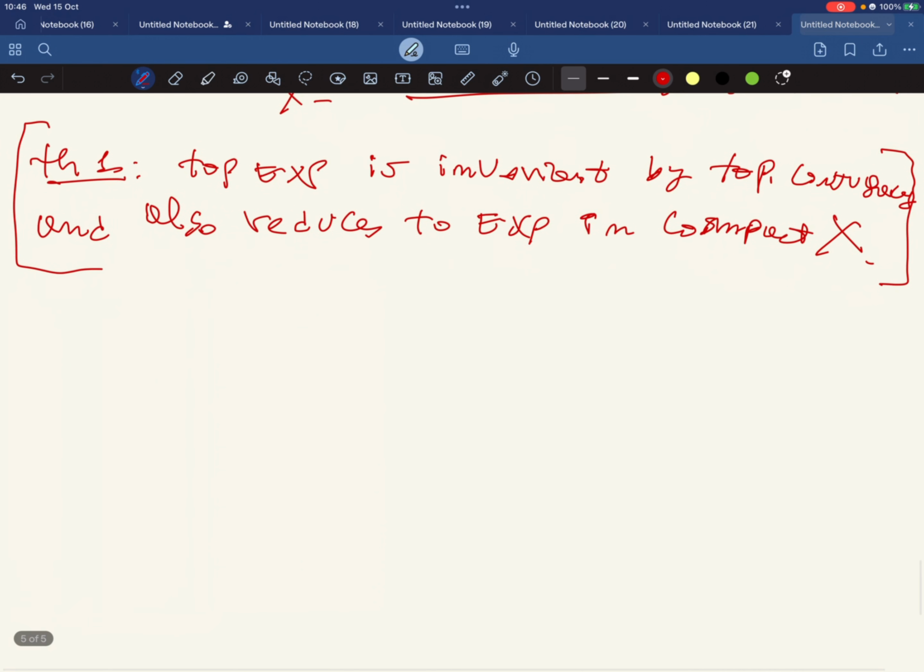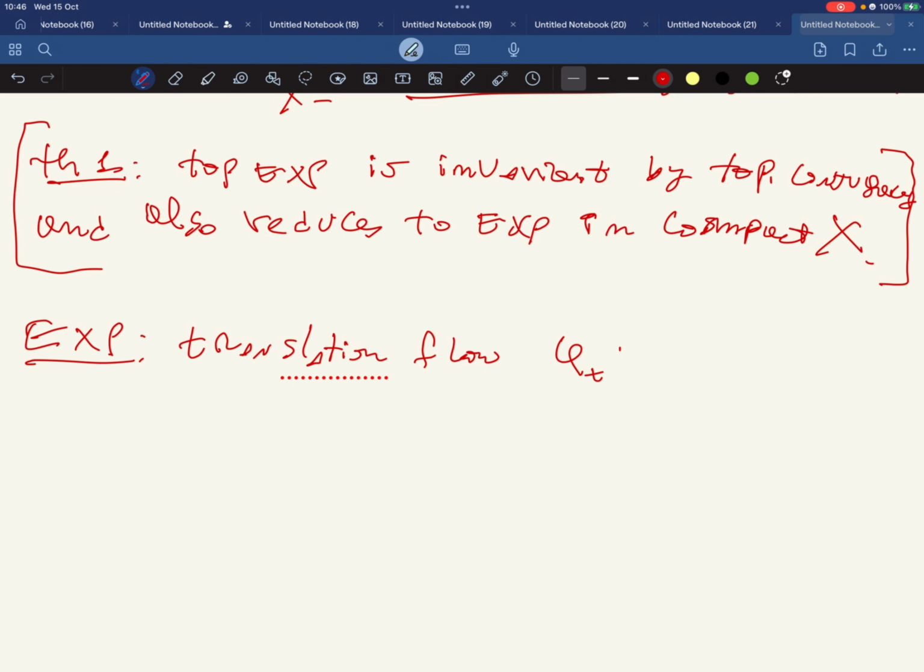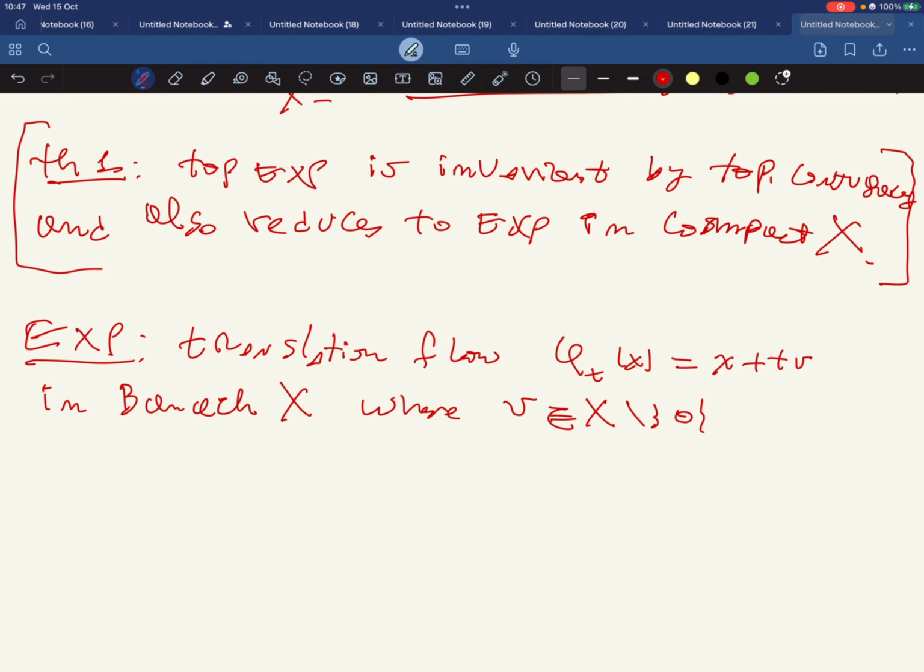Now, a second example here is the translation flow. Phi t of x equals x plus t times b, in a Banach space, where b is a velocity vector, of course non-zero.